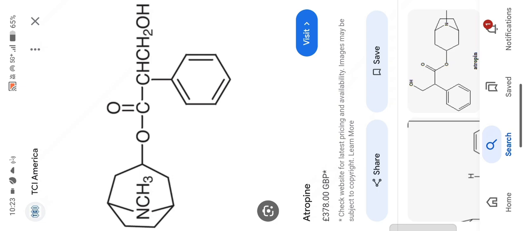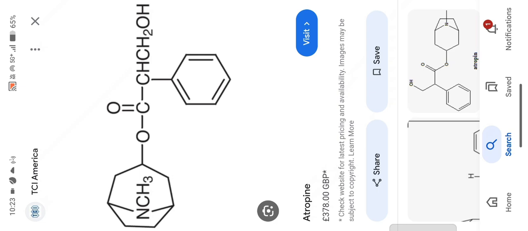See, it is a 7-membered ring. 1, 2, 3, 4, 5, 6, 7. In that we have one nitrogen, and that nitrogen is connected with a methyl group. That methyl, then it is connected with COO.